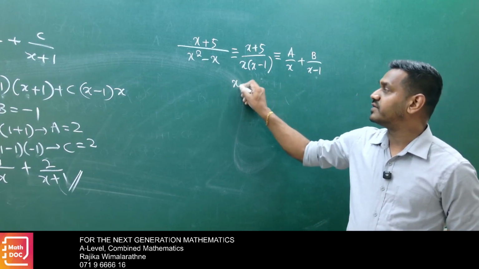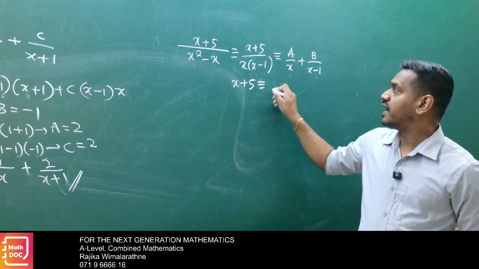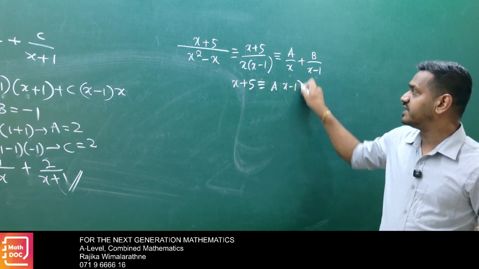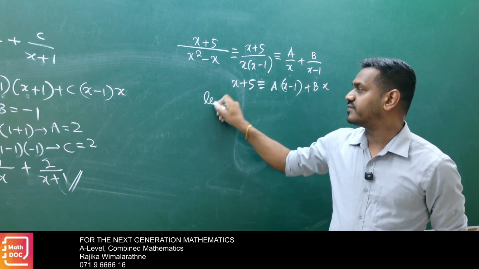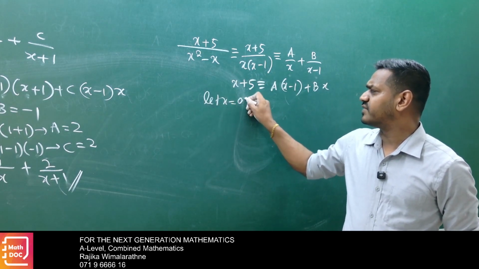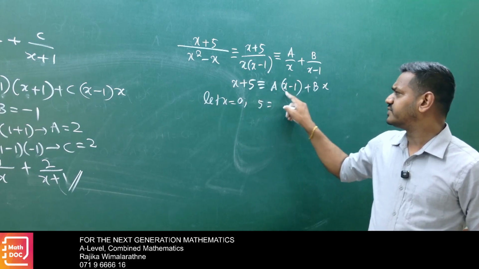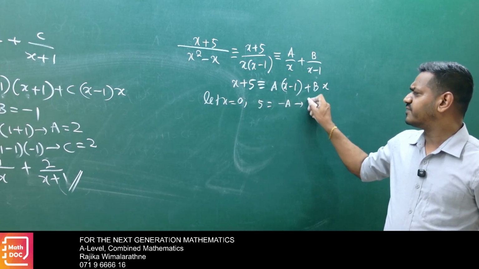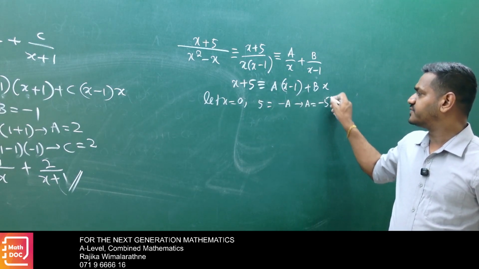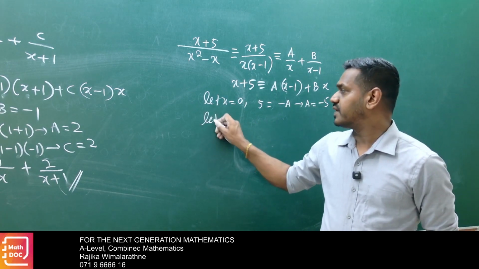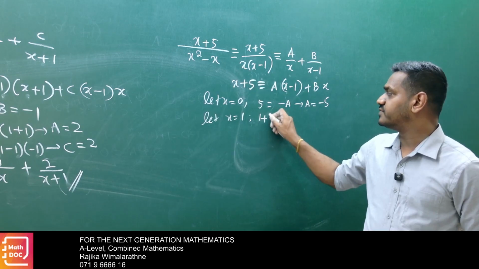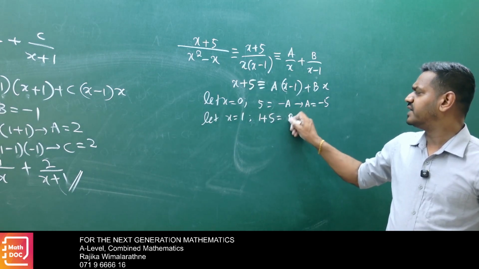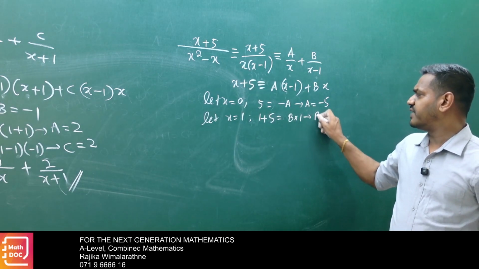Then x plus 5 is identical to A times (x minus 1) plus B times x. Now let x equal 0, then 5 equals minus A, so A equals minus 5. Let x equal 1, then 1 plus 5 equals B times 1, so B equals 6.